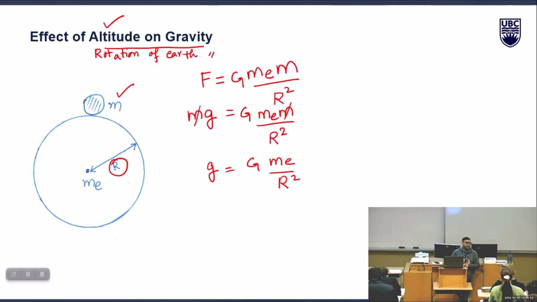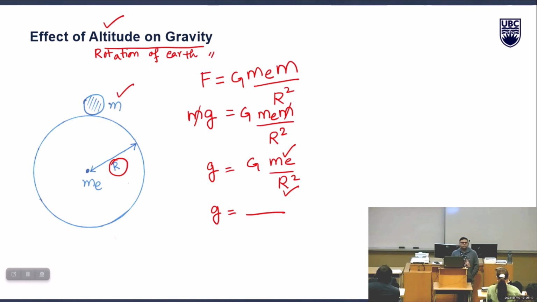Capital G is a gravitational constant. Mass of Earth is known, it's a fixed constant quantity, and same is the radius of Earth, it is known, it is a fixed constant quantity, right? So we can calculate the value of small g, which is the gravitational acceleration or acceleration due to gravity, using that expression.